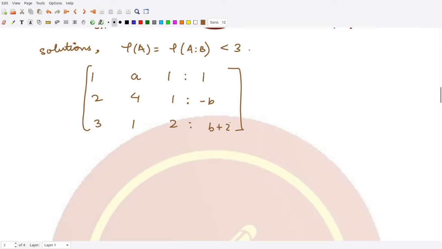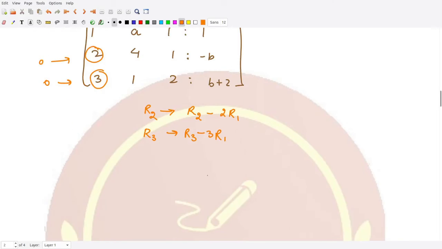Now we want to make it into echelon form, so we want to make these elements 0. Since the first element is 1, we'll use it: on row 2 we apply row 2 minus 2 times row 1, and on row 3 we apply row 3 minus 3 times row 1.